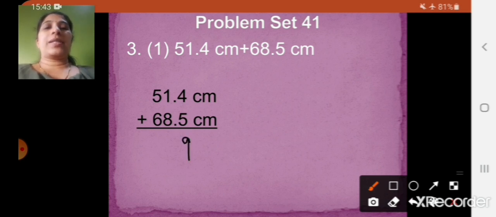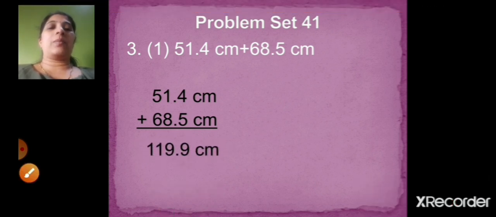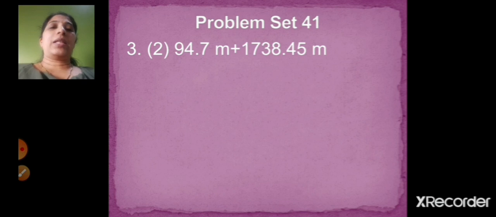Next 1 plus 8 is 9 and 5 plus 6 is 11. So 1 decimal place. So 119.9 centimeter. Don't forget to write the unit, because if you don't write the unit, your marks will get cut. So your answer will be 119.9 centimeter.